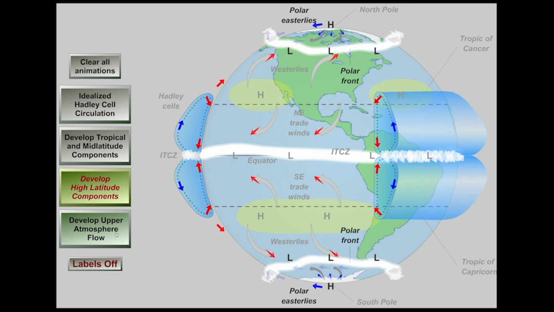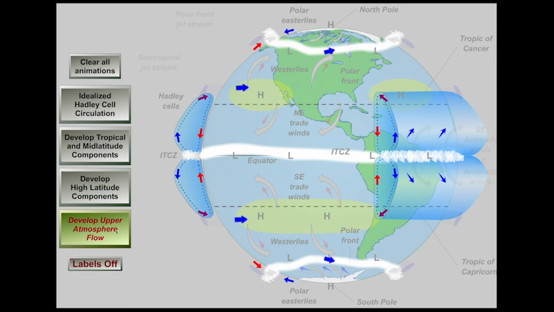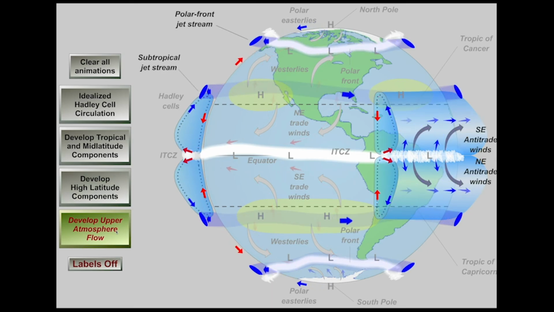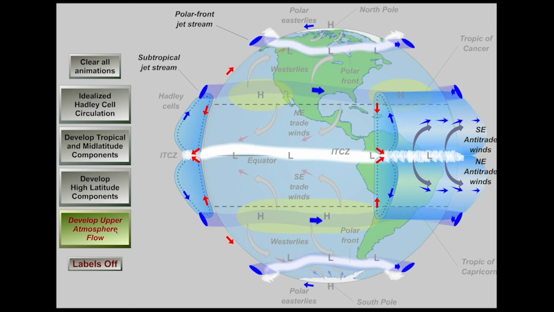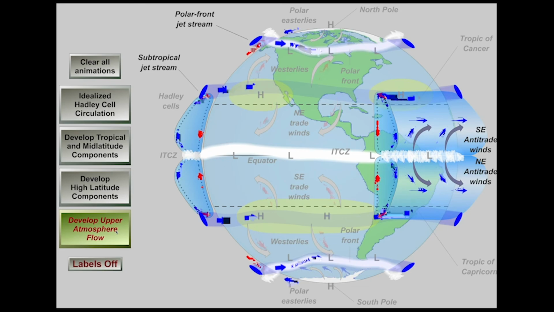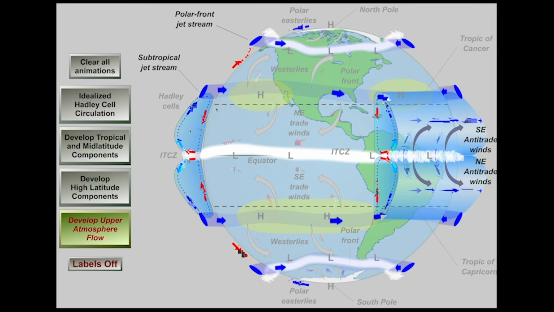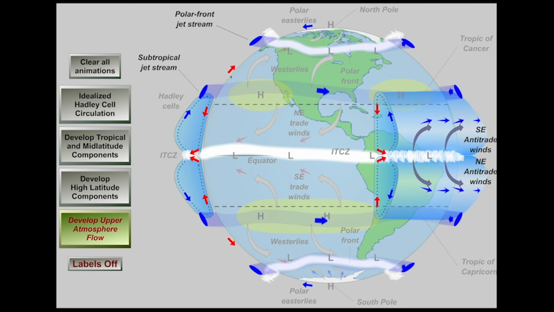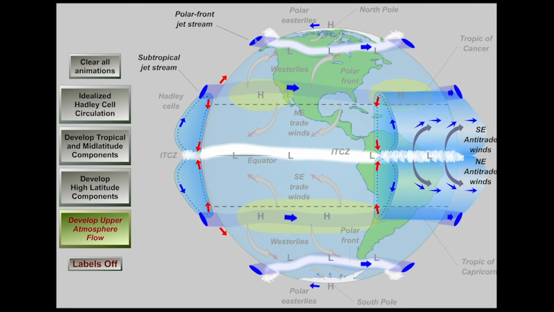Now, one last complication here, we throw in upper atmospheric flow. You'll see 4 bands or 4 tubes of this high-speed air located here in the northern hemisphere, subtropical jet stream, polar front jet stream located here.